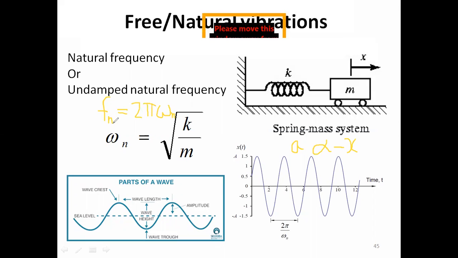The unit of f n is hertz, which is cycles per second. And the unit of omega n is radians per second. The circular natural frequency is in radians per second. You have to keep this in your mind.